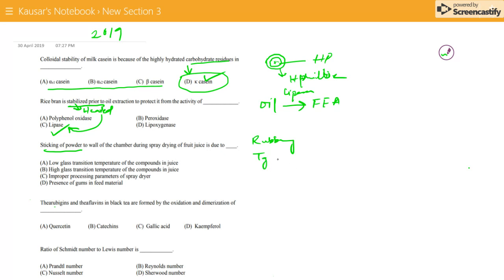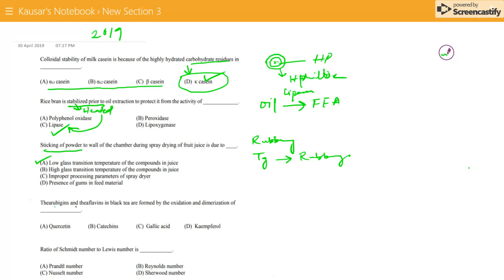By applying heat, they show a rubbery texture, which gives the sense of incomplete drying. So the correct answer is the low glass transition temperature of the compounds in juice.